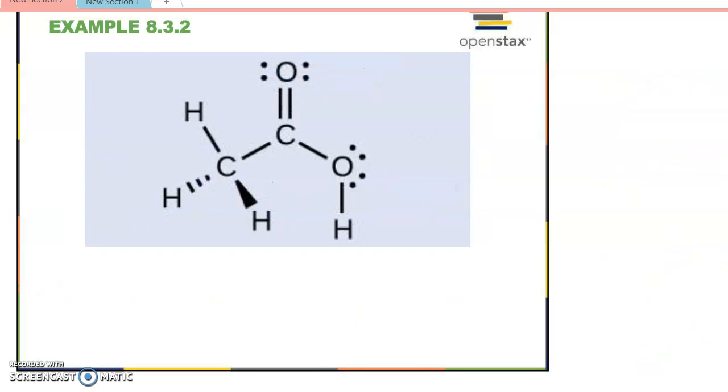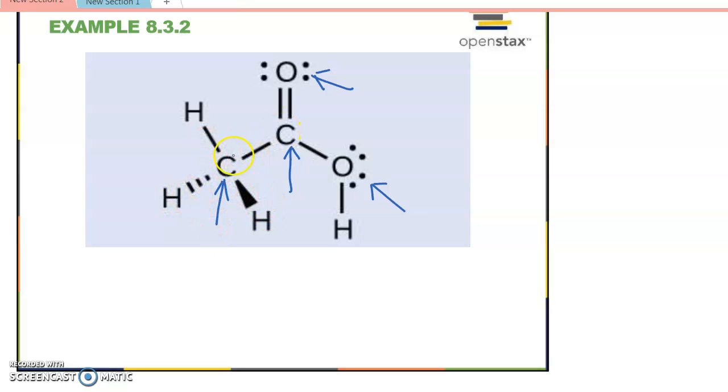Let's try another exercise. I would like to know the hybridization for these atoms. I want to know what type of hybridization: sp, sp2, sp3. What is it? Let's look at this carbon over here. How many electron groups does this carbon have? 1, 2, 3, 4.